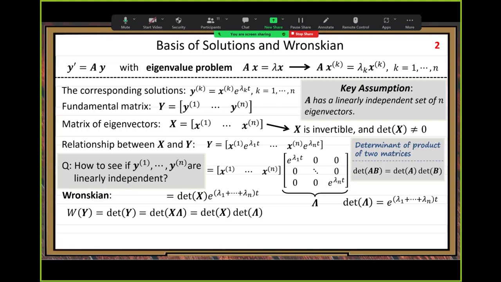So when you multiply by the E function, which is not equal to 0, the determinant of Y is not equal to 0. That means the matrix Y is invertible, and the n Y vectors are linearly independent. So we can use the n Y vectors as a basis of this homogeneous system.